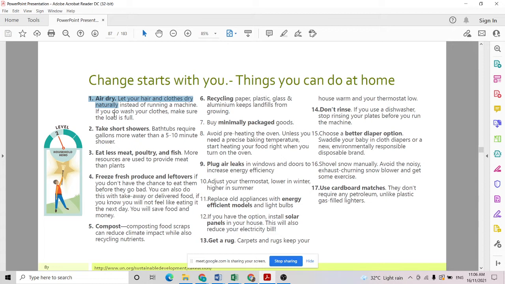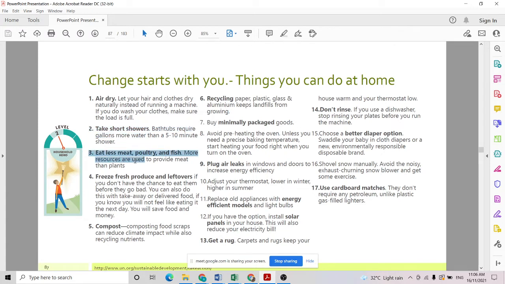So if you just want to dry your clothes, keep it at the natural condition. And then take short showers. Don't take long showers, that's what the elders say. That is one of the efforts of sustainability.